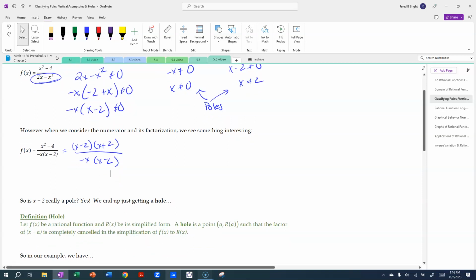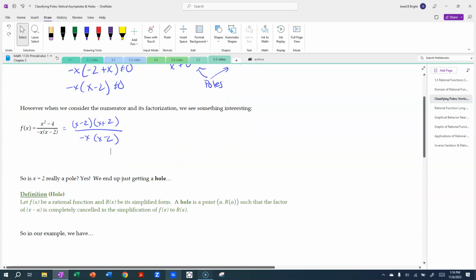All right, but because we can cancel the x minus 2's, there's a special behavior that happens. There's still a pole at x equal to 2, but it actually ends up being a hole because we cancel that factor out completely. And that's exactly what the definition says. So if we look at simplifying here and we make that simplification, we end up with x plus 2 over negative x.